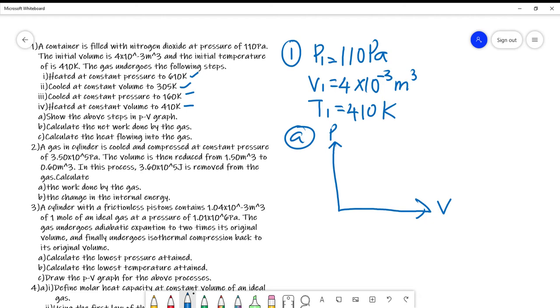The initial pressure is 110, so this is Pascal and this is meter cube, of course.